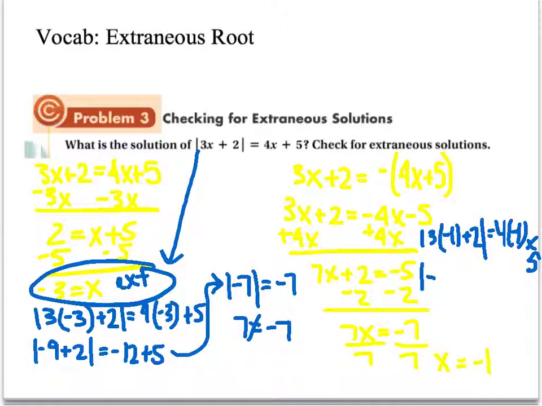So that's the absolute value of -3 plus 2 equals -4 plus 5. The absolute value of -1 equals 1. The absolute value of any number is positive, so we have 1 equals 1. Woohoo! That's true.